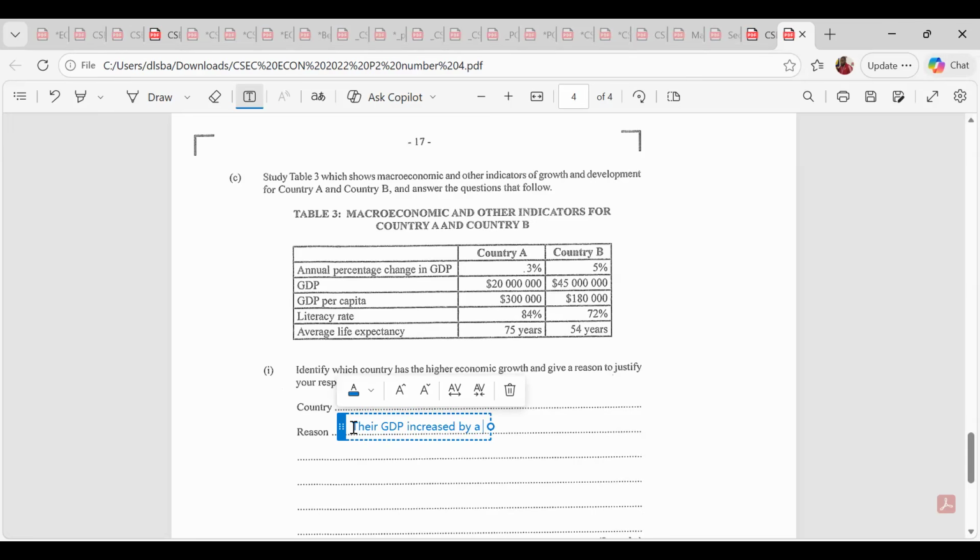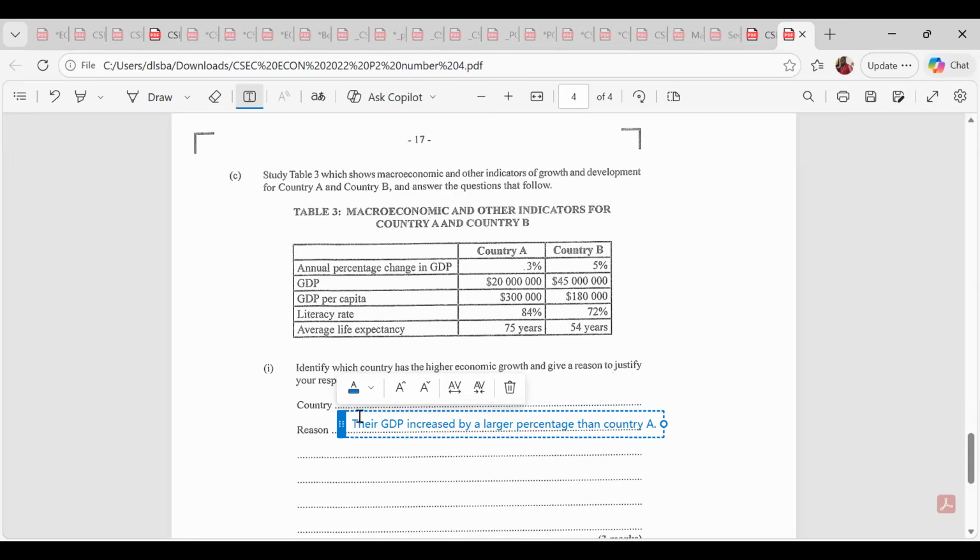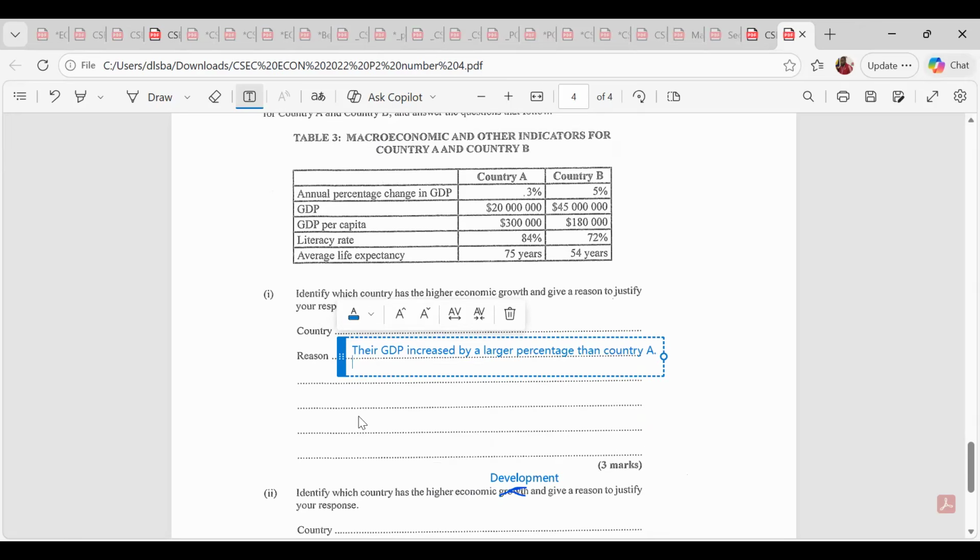Also, just to get extra marks, it should be noted that they also have a higher GDP than country A.